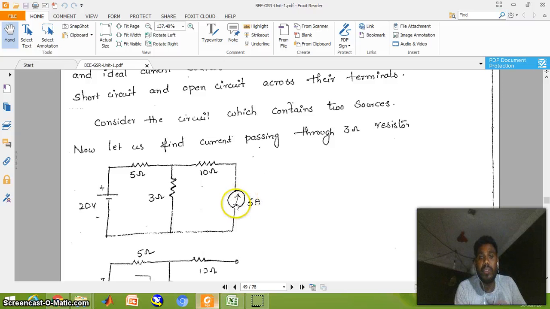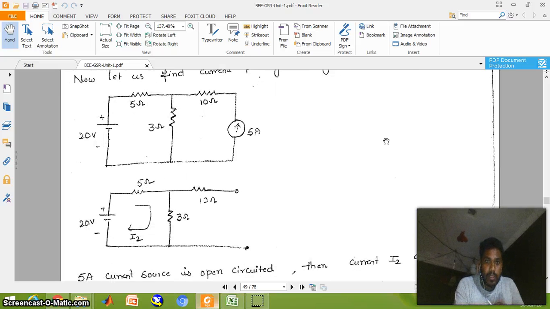The inactive source is either an open circuit or a short circuit, based on whether it is a voltage source or a current source. A voltage source is considered a short circuit, and a current source is considered an open circuit, at the time of non-active, not operating position.